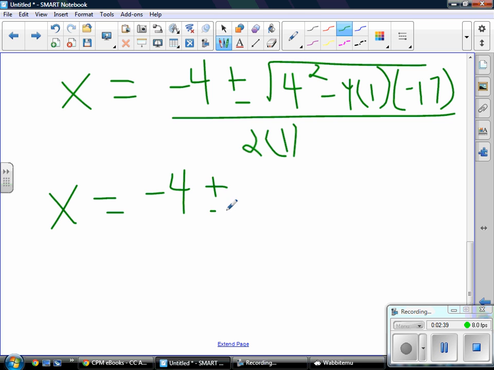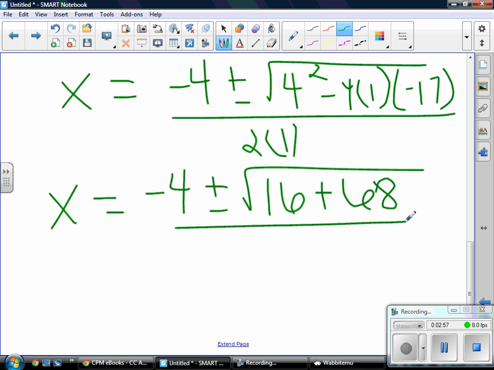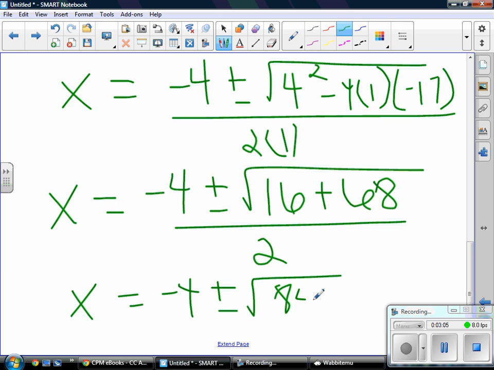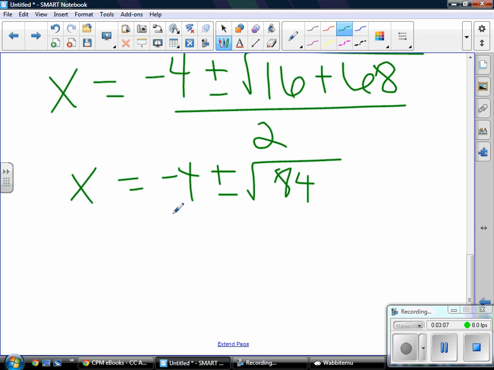Right? So if I solve this, I'm going to simplify it a little bit here and there. Negative 4 plus or minus the square root of 16 minus, which really becomes a plus, 68. That's what we get when we multiply it out. Okay, divided by 2. So if I add 16 plus 68, I'm going to have negative 4 plus or minus the square root of 84 divided by 2.